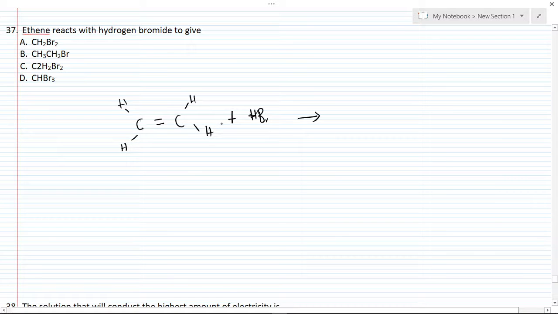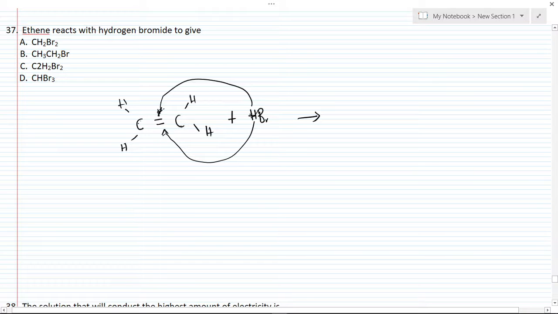So basically, whenever an alkene partakes in an addition reaction, the double bond is converted to a single bond. So what happens is the hydrogen attacks it and forms a bond with this carbon. The bromine also forms a bond with this carbon.